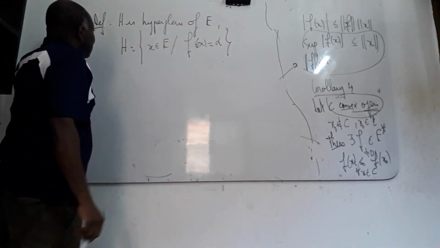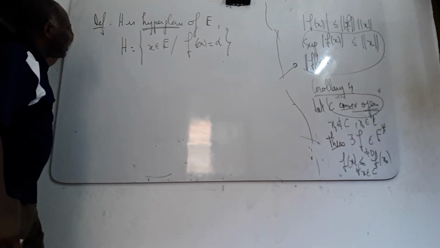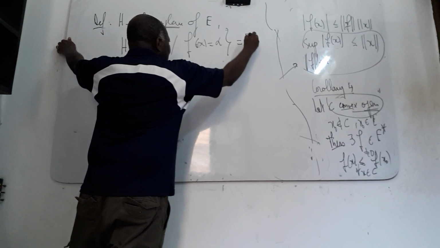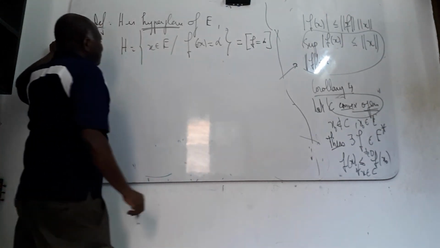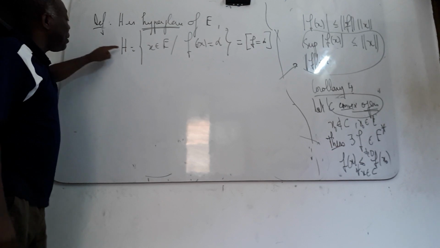Then you call this one the hyperplane, and we can denote it as [f = alpha], when f is a linear map, which is not necessarily continuous. You call this the hyperplane.